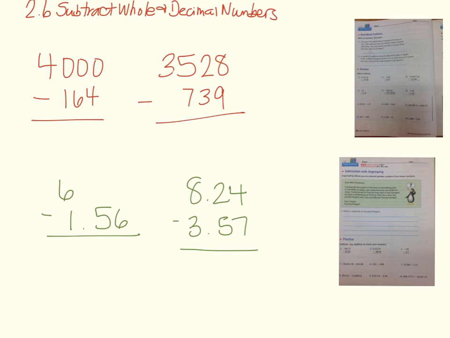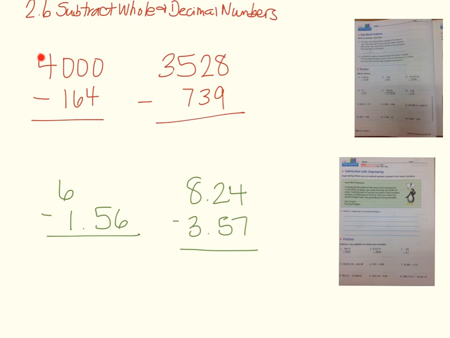So I'm just going to look at this first one. 4,000 take away 164. Notice there's no decimals, so these are just whole numbers. I wanted to do some whole number examples first and then move into decimals, and so maybe you can see how they relate. But before I can even subtract here, I can't take anything away from this 4,000.